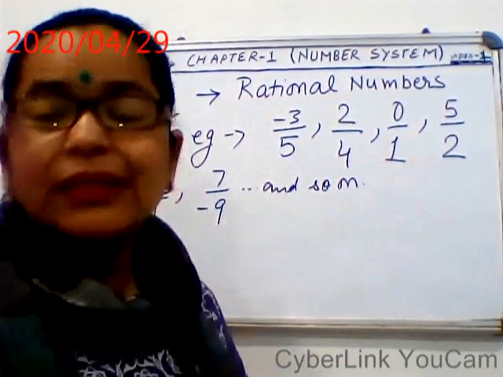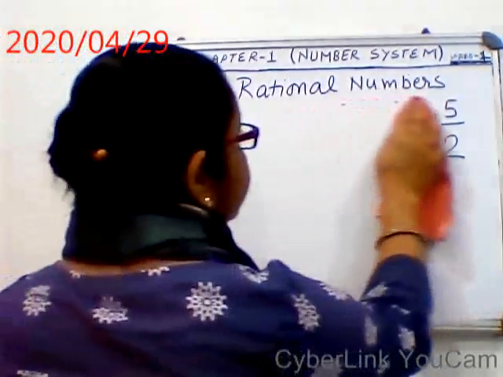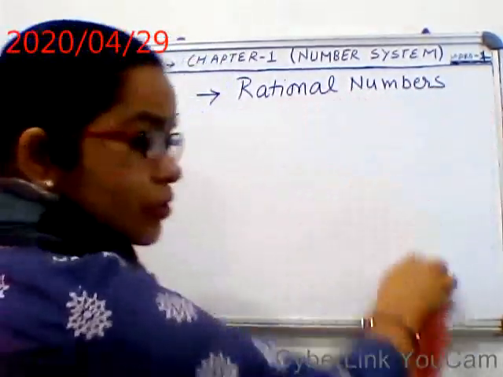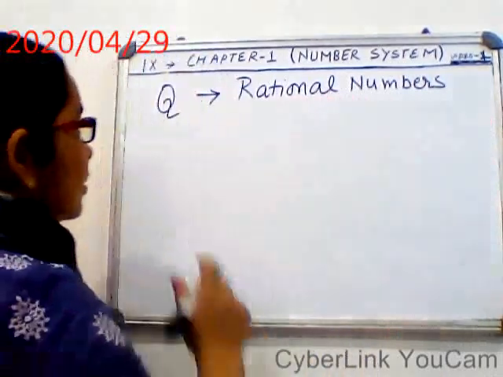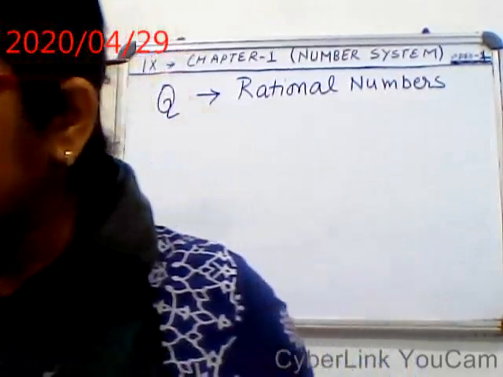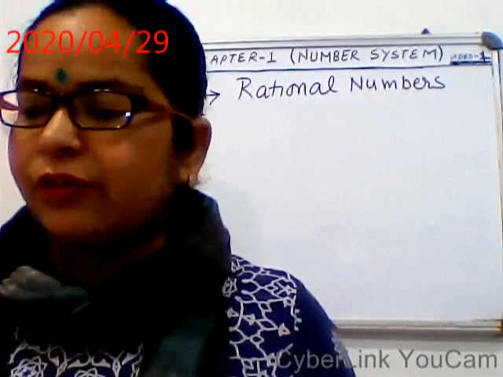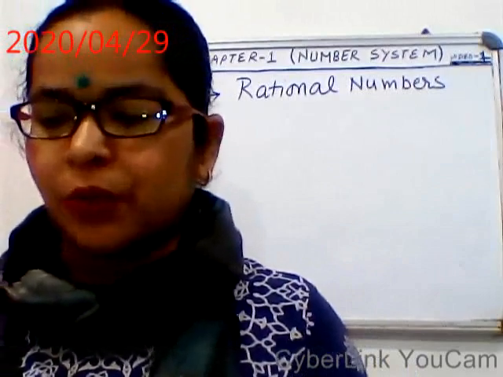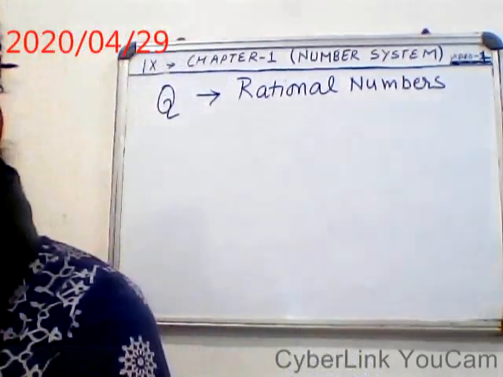So now it is time to make the definition of rational numbers. The definition is also given in your book, page number 3. I'll just read it for you. A number R is called a rational number if it can be written in the form P by Q, where P and Q are integers and Q is not equal to 0. I'm writing it.